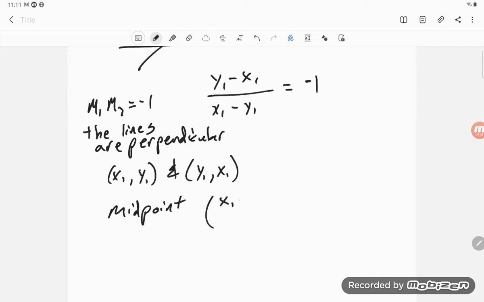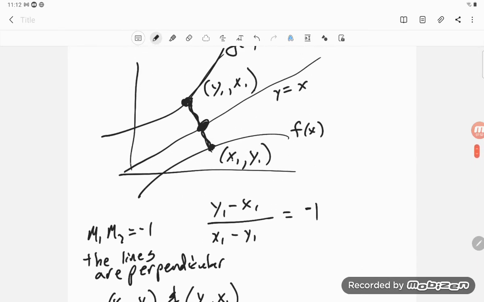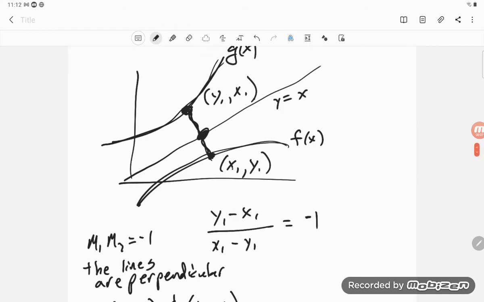So that's (x1 plus y1) over 2 and (x1 plus y1) over 2, and you see this is on y equals x. The segment I get when I join those points is perpendicular to y equals x. So these two curves are symmetric about the line y equals x, and therefore we get this perpendicular bisector.